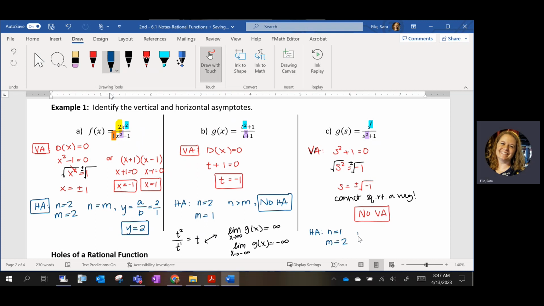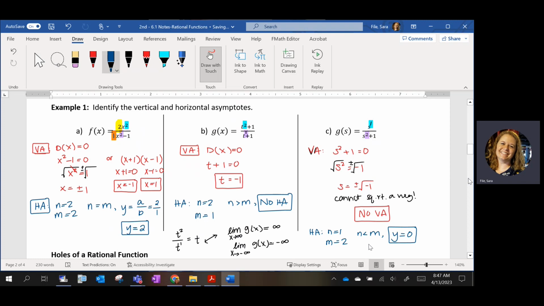So when I do my comparison, n is less than m. What did we say is going to happen when n is less than m? You can look back. Yeah, y equals 0 is the asymptote. It's just the x-axis. Okay, so there is an asymptote, but it's just at 0.